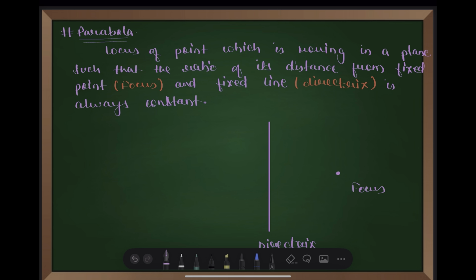Now suppose that this fixed point is S, okay, and the moving point is P, because it's a locus of a point, so it will keep on moving, so a collection of points.